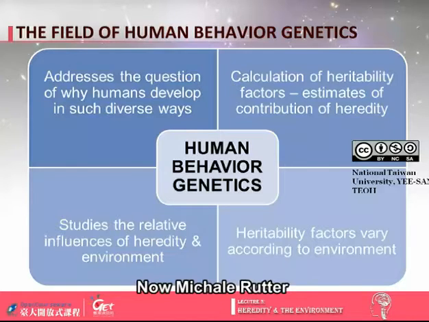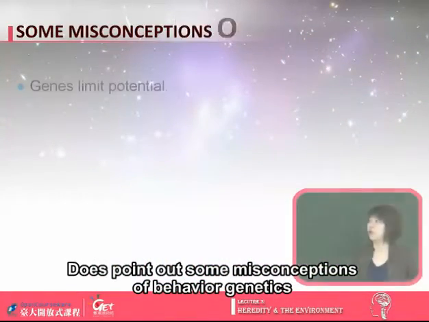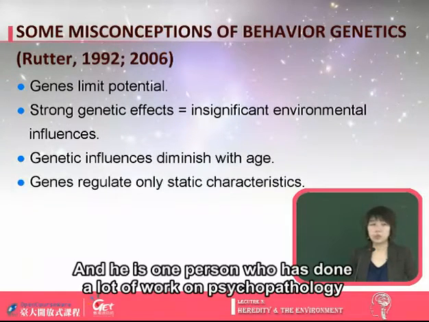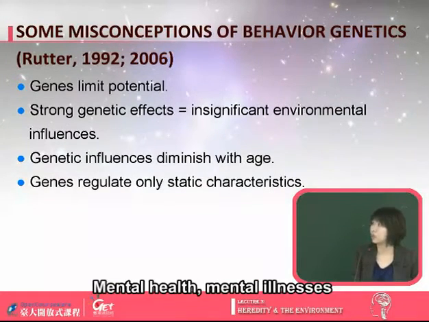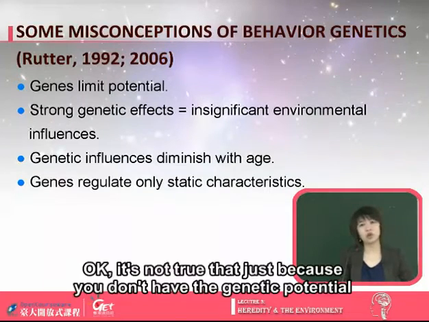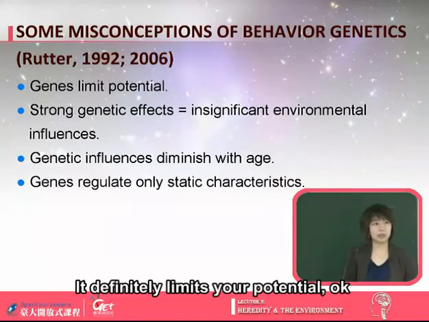Now, Michael Rutter does point out some misconceptions of behavior genetics. He's one person who has done a lot of work on psychopathology, so he's very interested in mental disorders, mental health, mental illnesses. And he says one misconception is that genes limit potential. Okay, it's not true that just because you don't have the genetic potential to do very well in school, it definitely limits your potential.